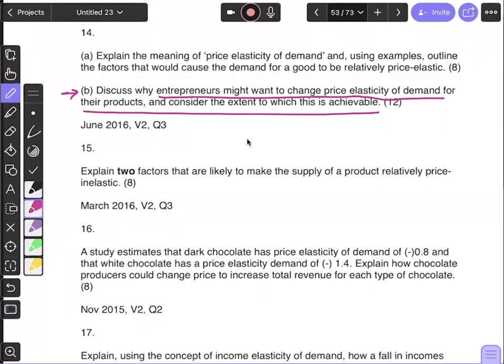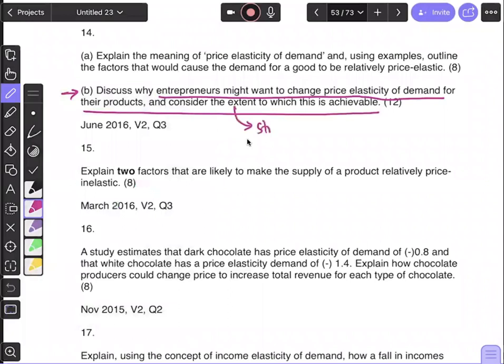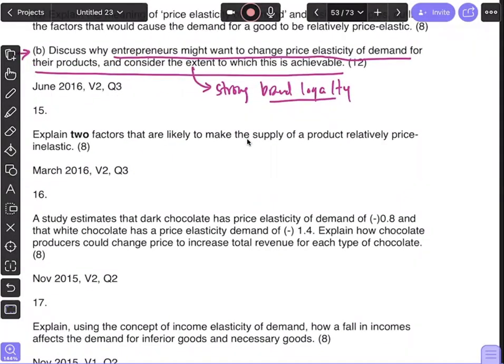Also this means that it's something which has a strong brand loyalty. Isn't that true? So why entrepreneurs might want to change the elasticity could be to create strong brand loyalty, which basically, despite any more competition to come, you might not see people switch that easily because you have an inelastic good.